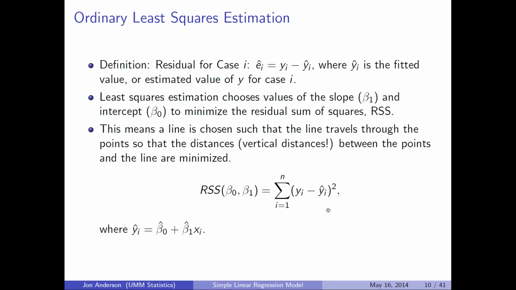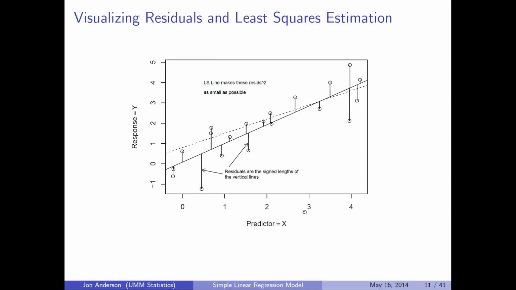And so the objective is to produce a value of residual sum of squares that is as small as possible. We find the slope and we find the intercept that produces the smallest residual sum of squares that we can. And conceptually that is done by adjusting the slope and the intercept of the underlying line so that it goes through the points on our scatter plot in such a way that these little vertical distances or residuals are as small as we can make them.